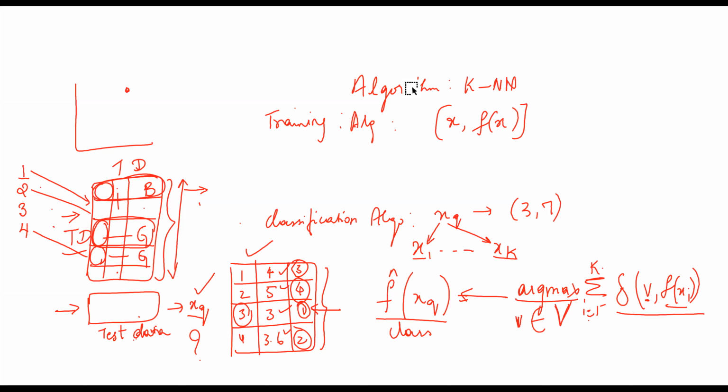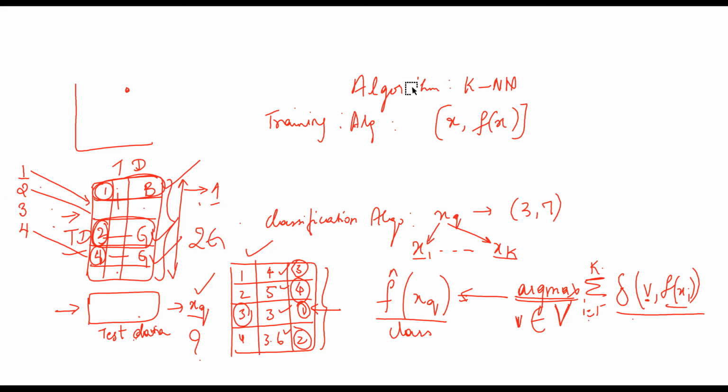Take the argmax of delta V of f of x, which is B, G and G. That is my first data type, the third and the fourth instance. So take the argmax of it. The argmax is basically 2 over here and 1 over here. Anything that was major was good.